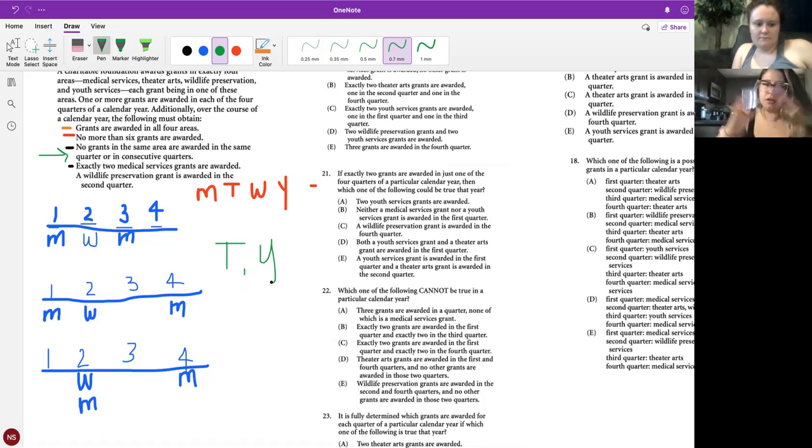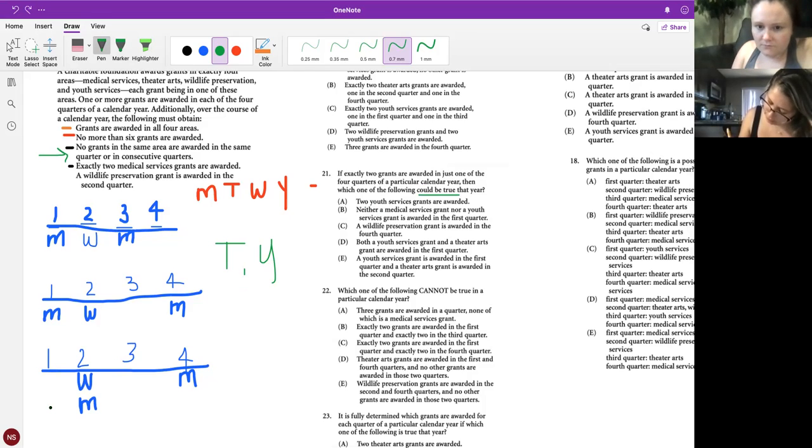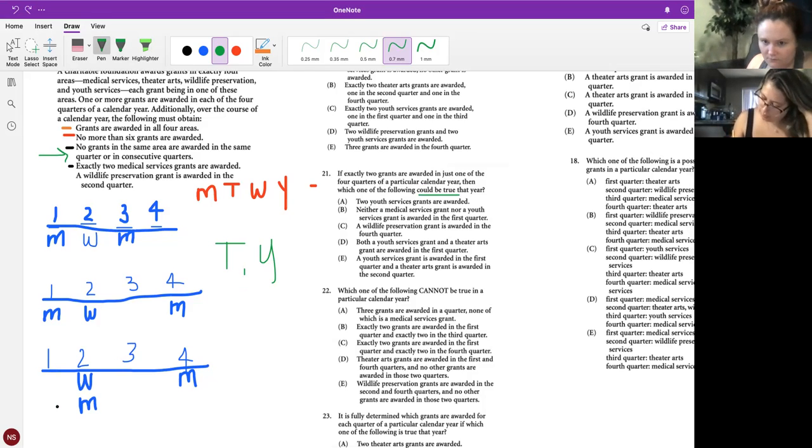I think one of them is at least gonna be in between the M's. So you can have it like M T Y. I would just go through and look at this and see what could be true. Like, do you have this?